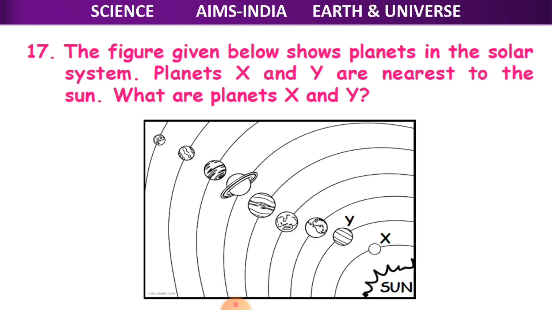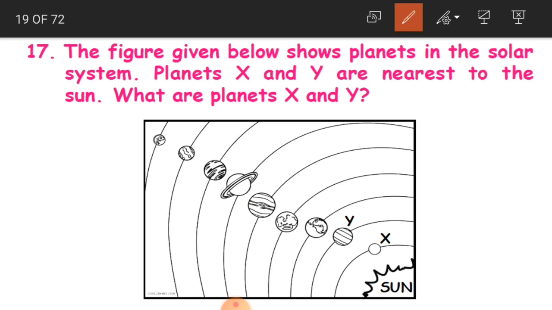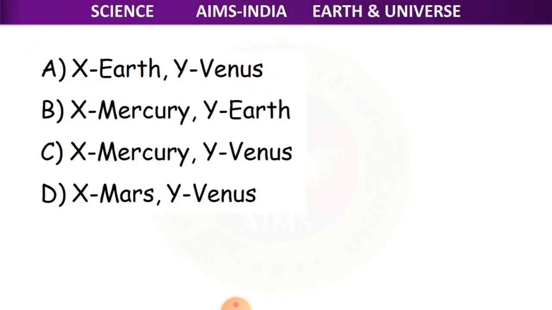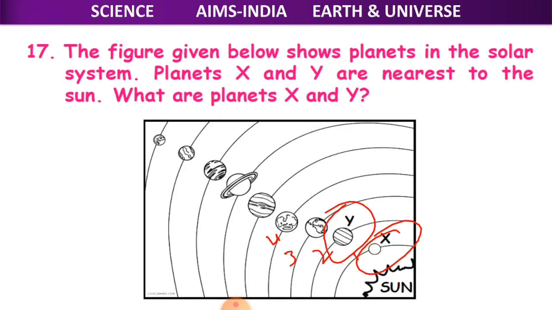Now 17th question here. The figure given below shows planets in the solar system. Planets X and Y are nearest to the Sun. What are planets X and Y? Okay. See, this is the Sun, children, and here are all the planets like 1, 2, 3, 4, 5, 6, 7, 8. So now we have to identify these X and Y planets, which are nearer to the Sun. What are they? So options are X is Earth, Y is Venus. Wrong.